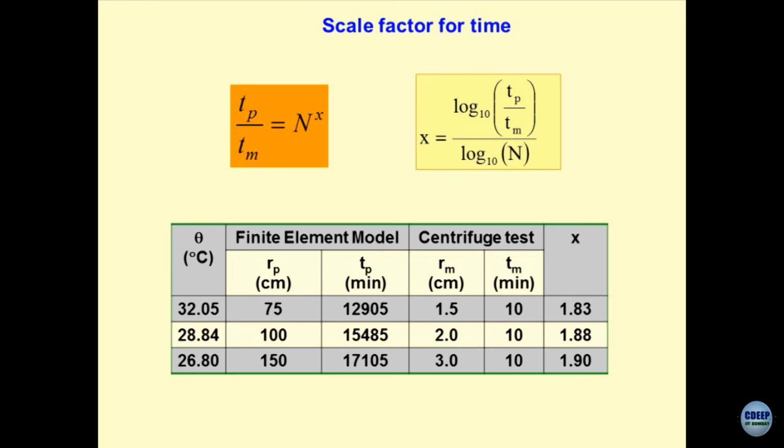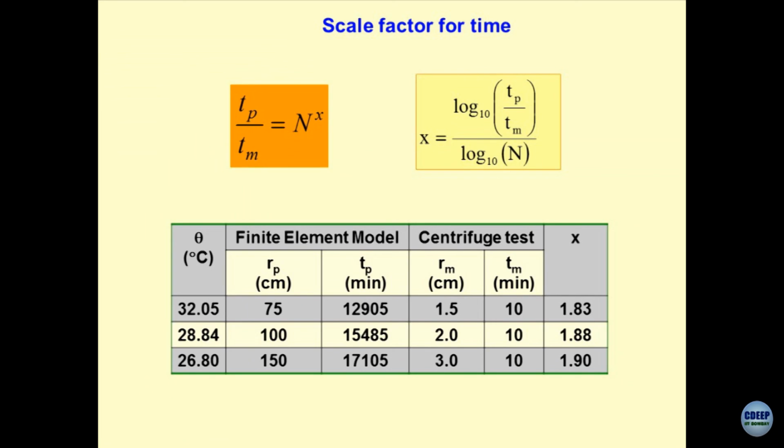If you do this exercise using the FEM results and the centrifuge test results, you will realize that X comes out to be approximately 1.8, which is approximately 2. This is how you can find out the time factor for heat migration through geomaterials. N square times the time in the model indicates that this is a diffusion process, clear.